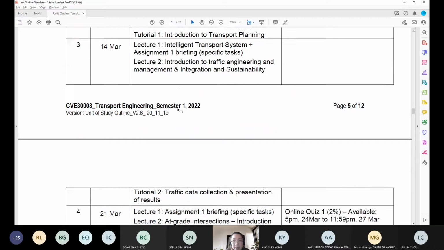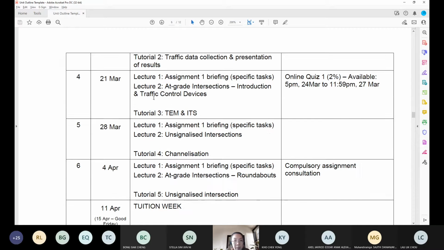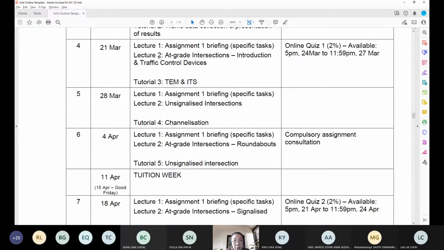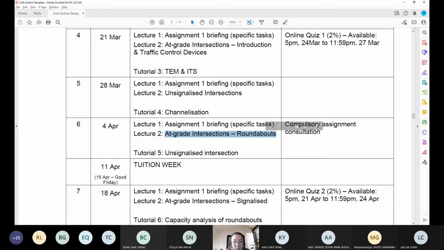Now week 4 onwards: week 4, lecture 2, at grade intersections, introduction and traffic control devices, unsignalized intersection. Week 5, week 6 at grade roundabouts, and week 7 at grade but signalized.